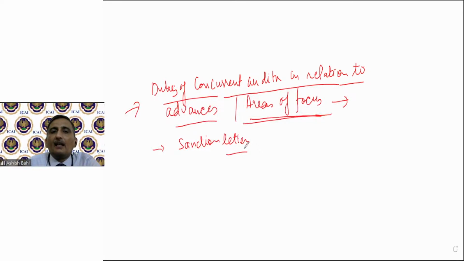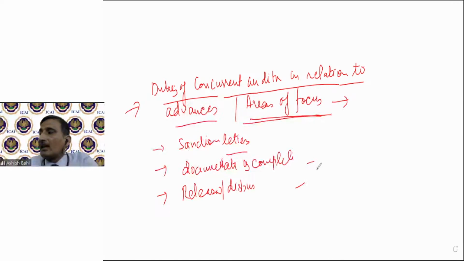He would be verifying that all the documentation is complete, and facilities have been released and disbursed only after documentation is complete. He would also see that correct interest rate is fed in the system, because otherwise it can lead to revenue loss.